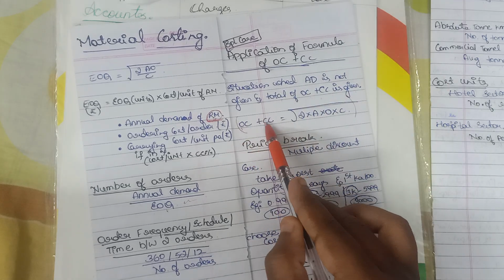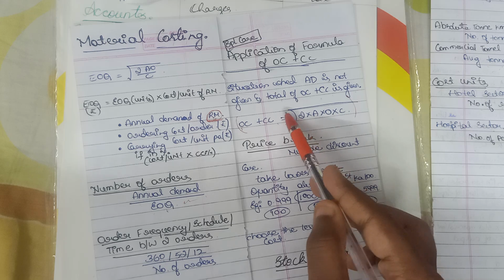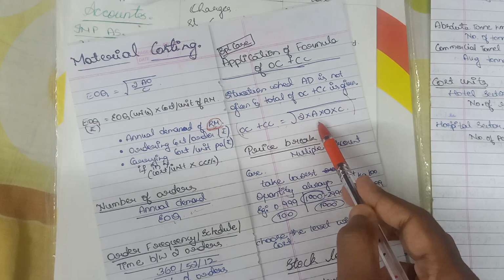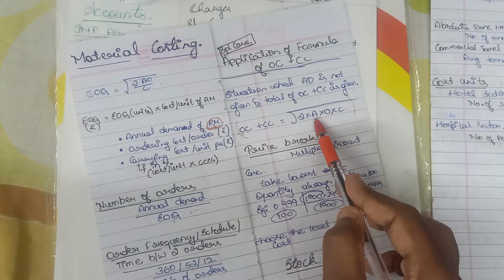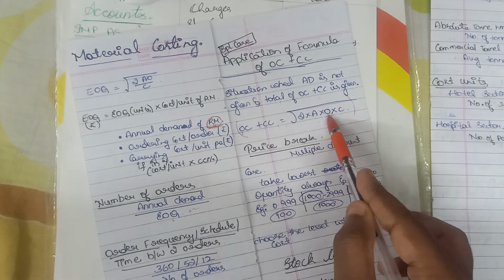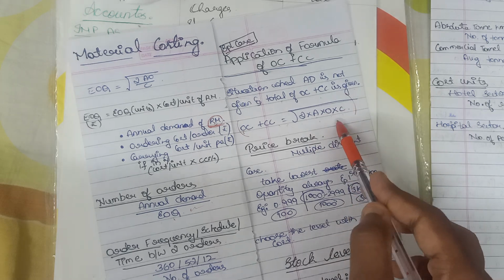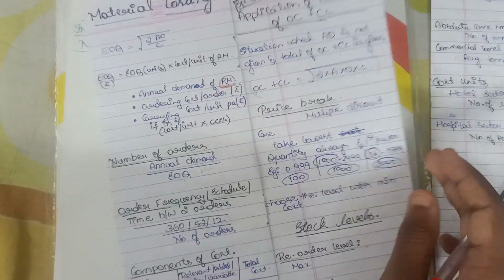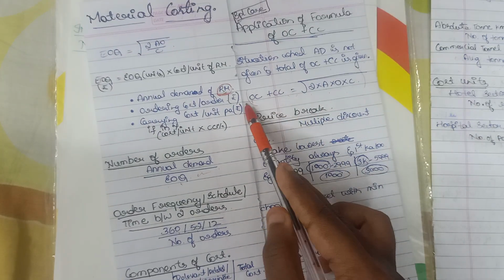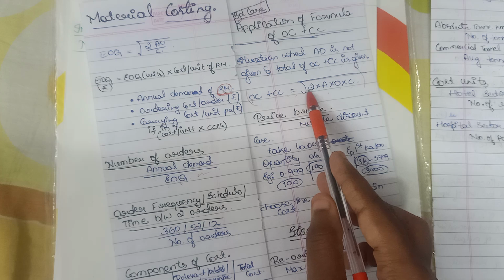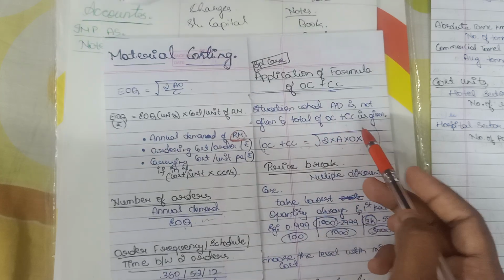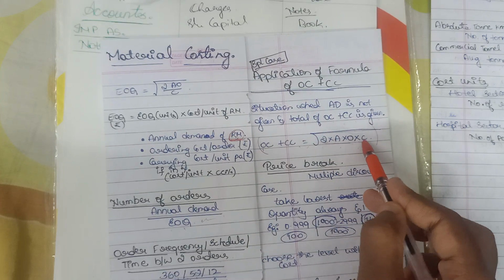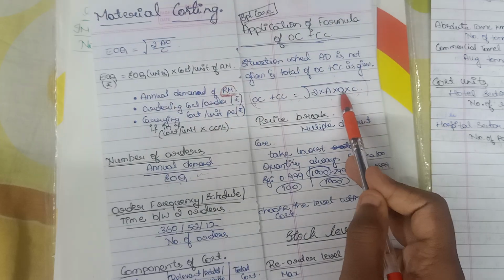That is OC plus CC is equal to root of 2 into A, that is annual demand, into O into C. We know what is O and C, that is ordering cost and carrying cost. I'm repeating once again, OC plus CC is equal to root of 2AOC. Here we will not be dividing, we'll be multiplying the C. Okay, remember this formula.